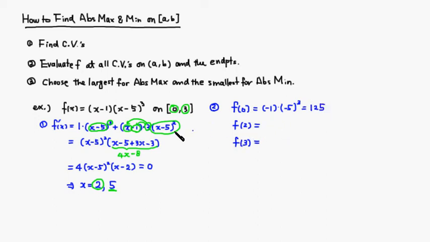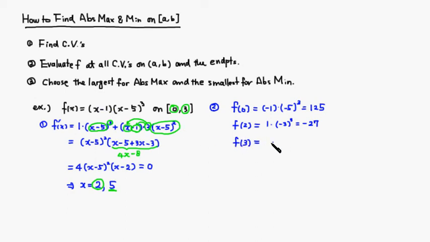And plug in 2. If you plug in 2 here, that's going to be 1, and plug in 2 here, so it's negative 3 cubed. So that's going to be negative 27.